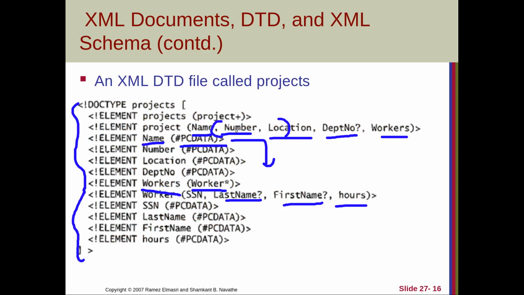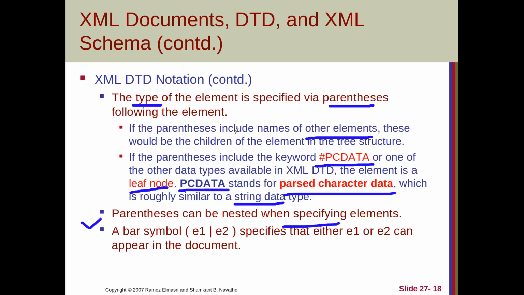Similarly, if you want to represent a concept like either one or another, we can use a bar symbol between two different elements, E1 or E2, which specifies that either E1 or E2 can appear in the document. So either E1 or E2 may be present in the XML document, and if one is missing, it can still be called a valid XML document.